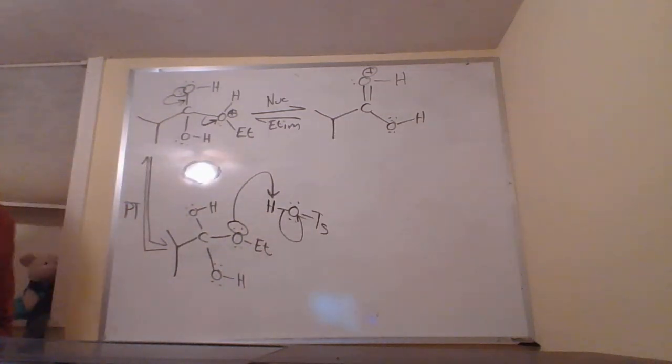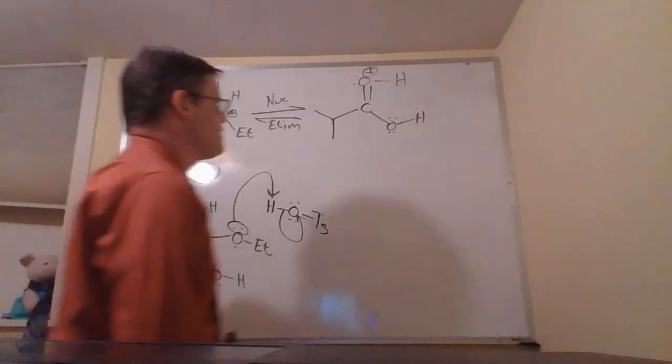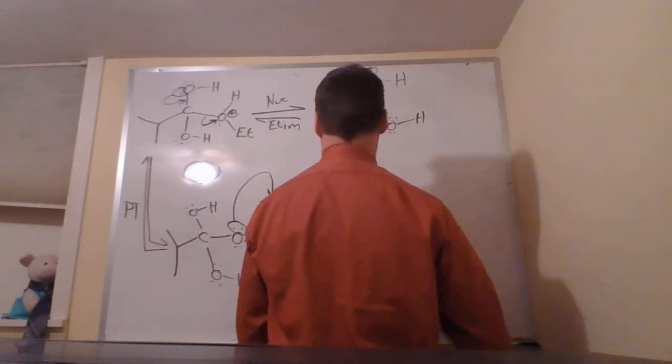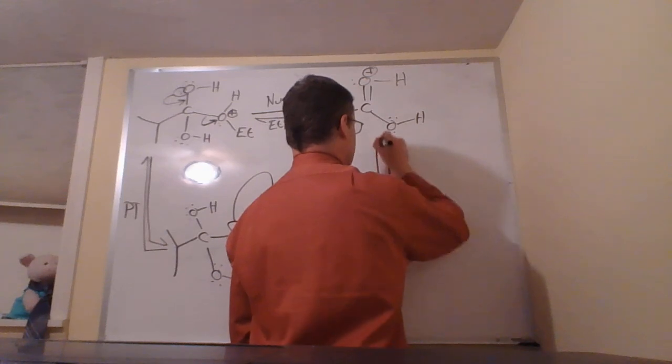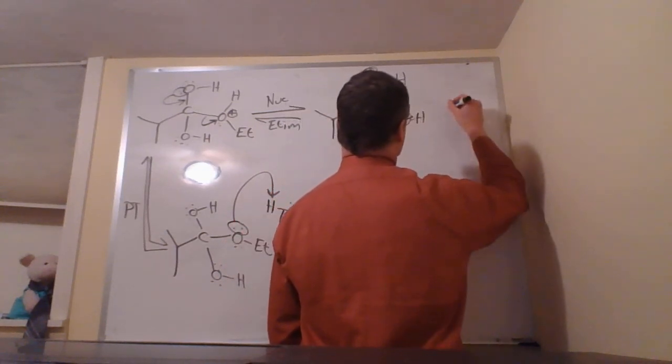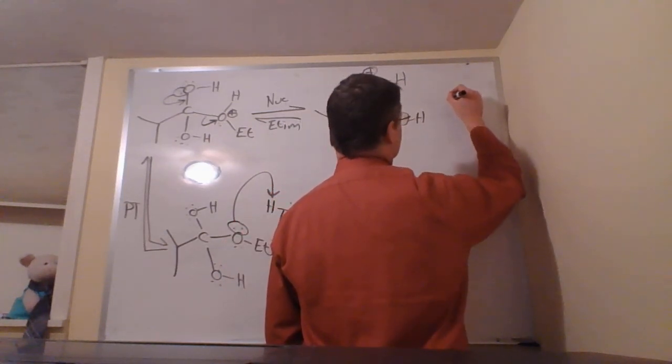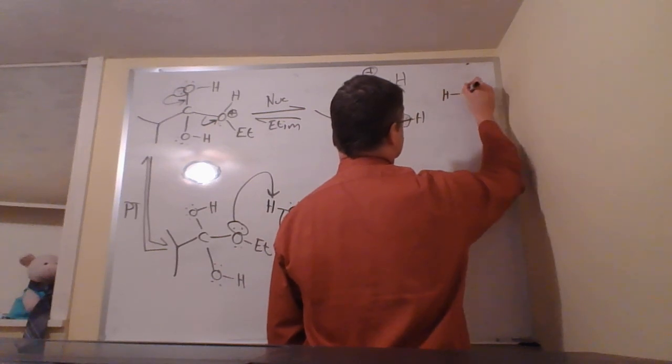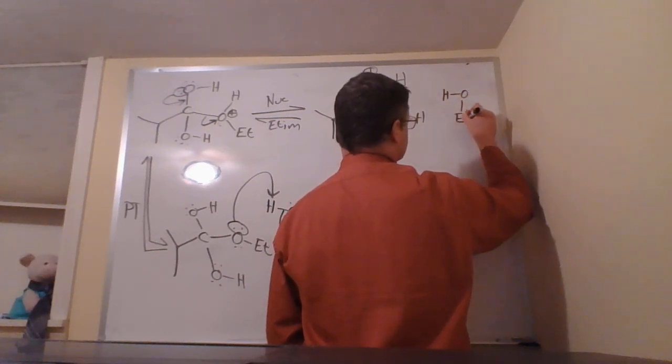That gets us to this protonated form of the carboxylic acid. And then lastly, to get to our product, we're going to have another proton transfer. I'll use ethanol, which we just kicked off.